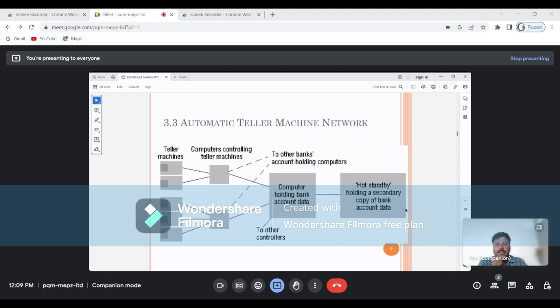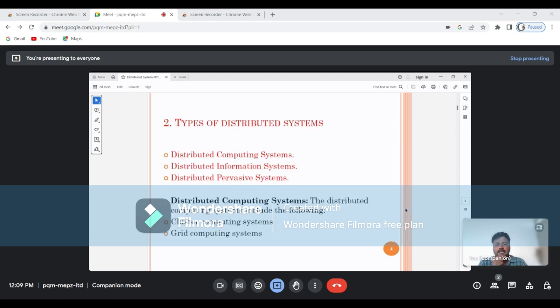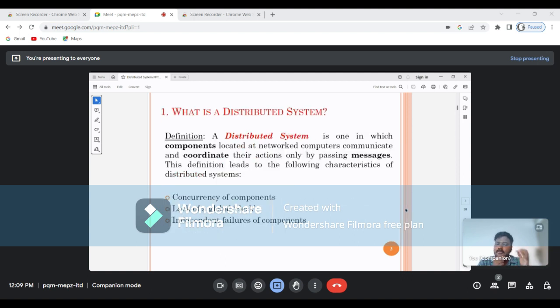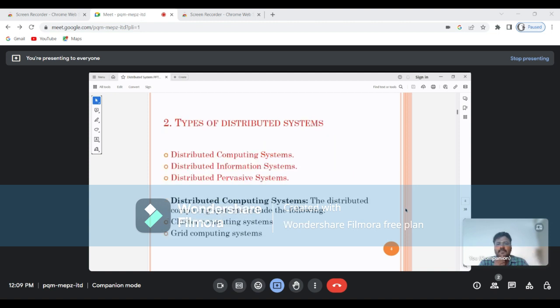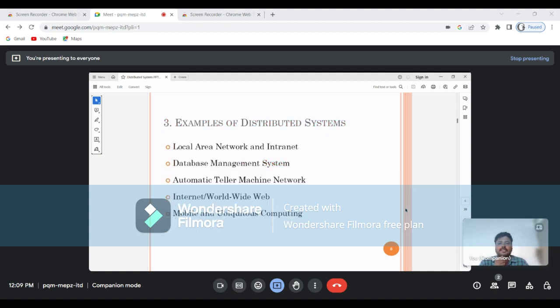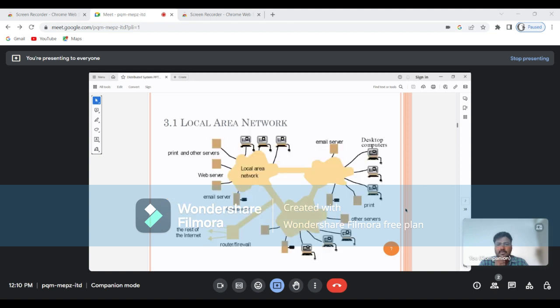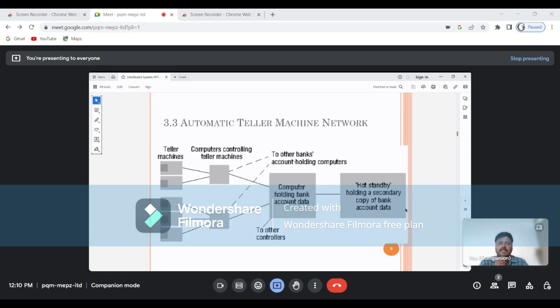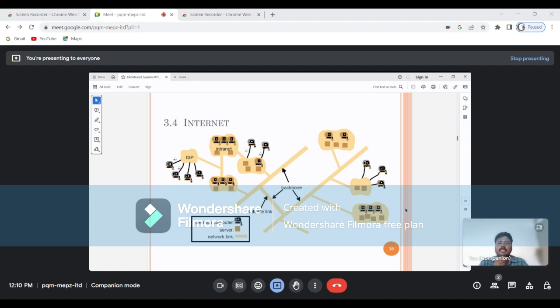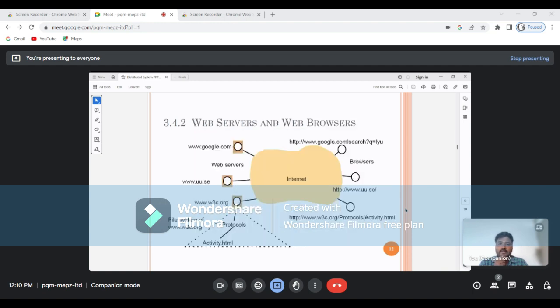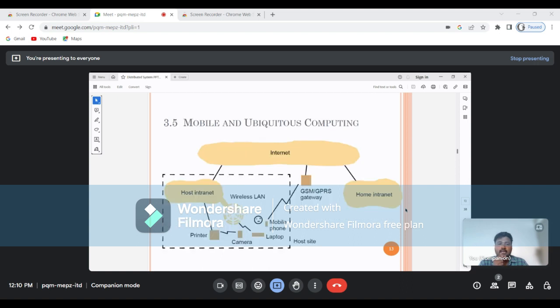Till this point we have completed the different types of distributed system. In this session we have seen what a distributed system is, what the types of distributed system are, and the real-time examples such as LAN, DBMS, automatic teller machine network, internet, world wide web, web servers, file servers, web browsers, mobile computing, and ubiquitous computing.